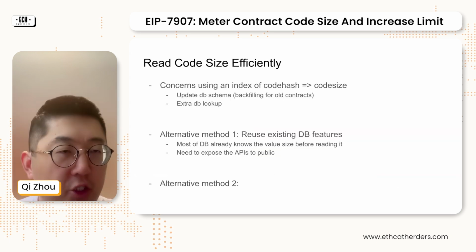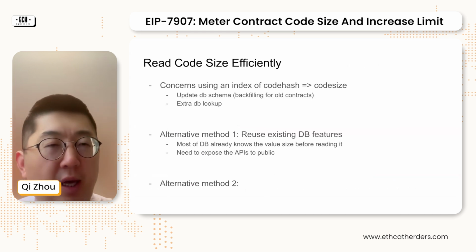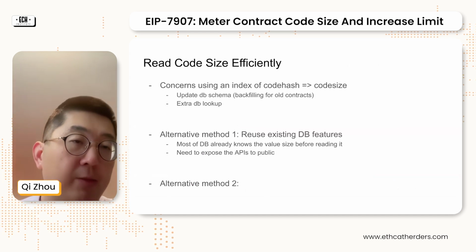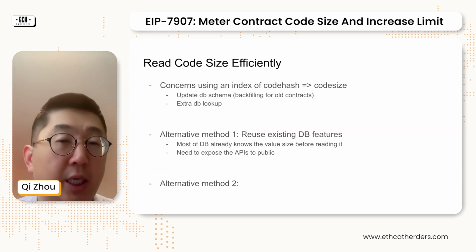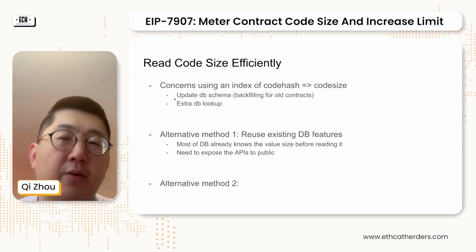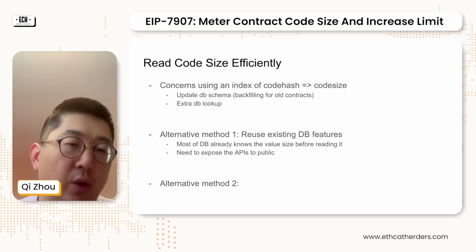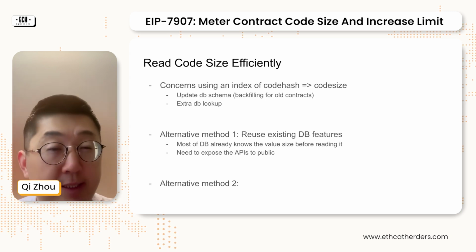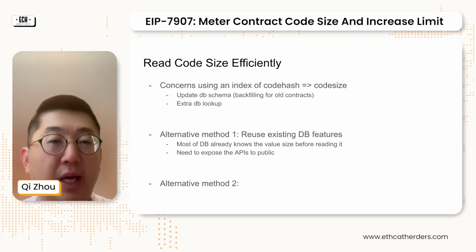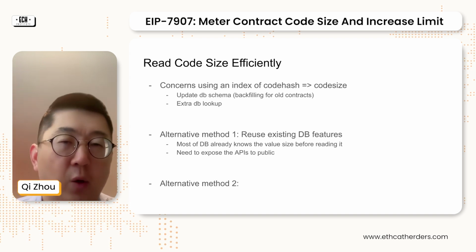Another issue that we have discussed a lot recently in the Discord channel is how we are able to read the code size efficiently. There are a couple of concerns with using an index of code hash to code size. First of all, I have to update the current database schema. For example, suppose I have a node that is already running with a lot of old contracts.